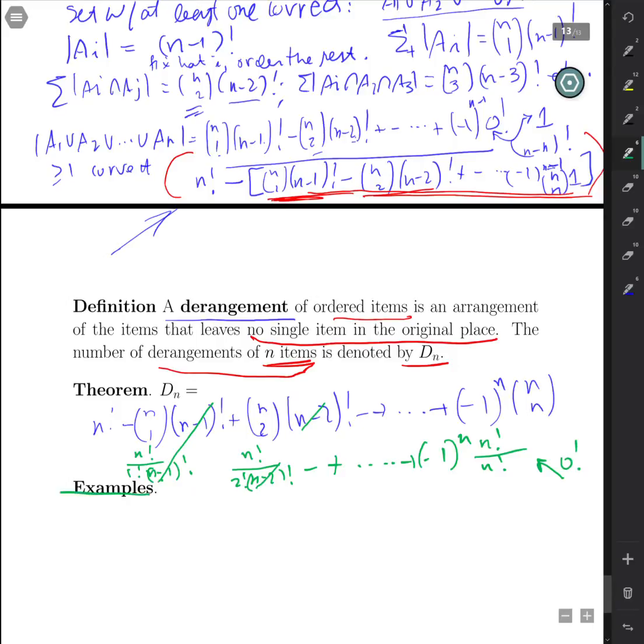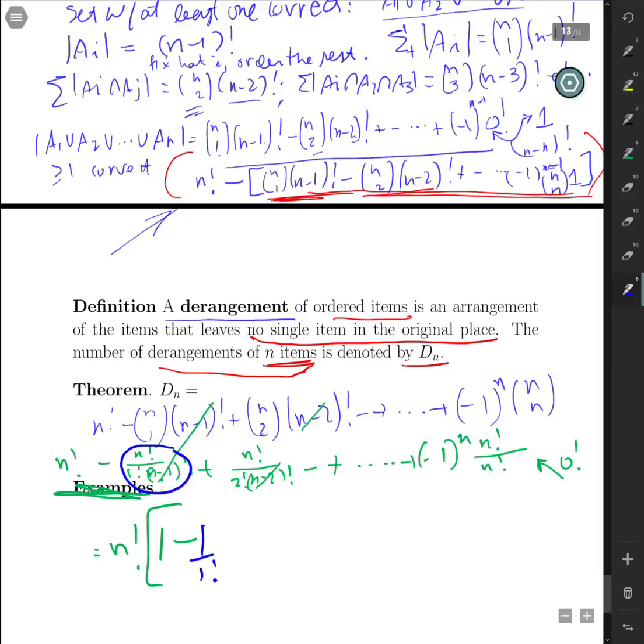And the reason I want to do that, I'm going to cross out this right here, is because I want to write this with an n factorial pulled all out in front. If I pull an n factorial out of this, let me write that n factorial and the minus here and the plus here, etc. Then I have a 1 from the first term, a minus 1 from the second term, right? This one has just an n factorial there. I pull it out, I leave a minus 1, but I want to write it over 1 factorial.